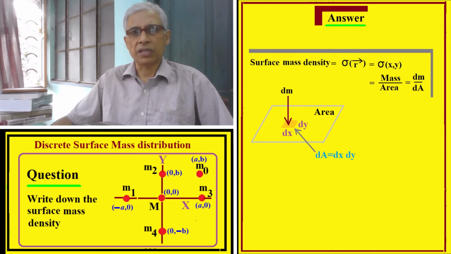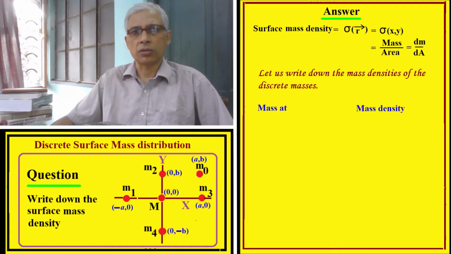This we denote by sigma, which is a function of the coordinate vector r of the mass or the masses under consideration. And since vector r for a point on the xy plane corresponds to two coordinates x and y, we can alternately designate sigma to be a function of x and y as shown.